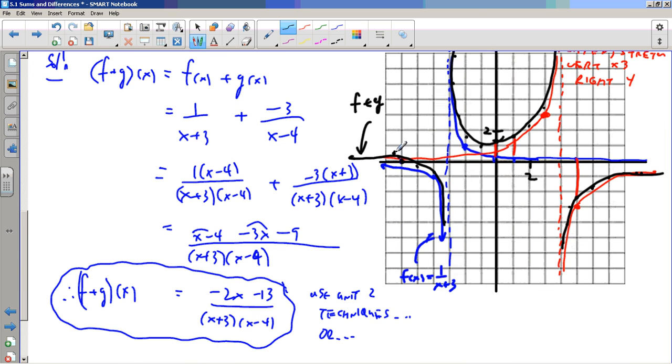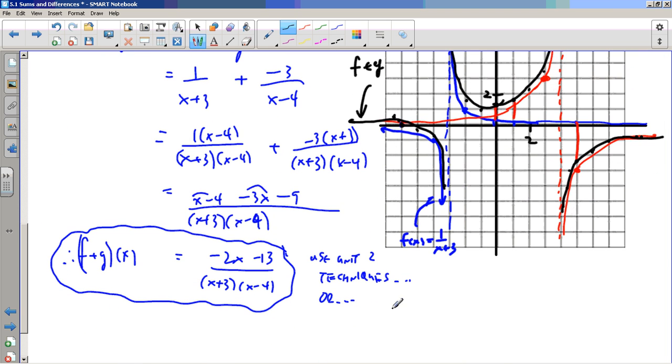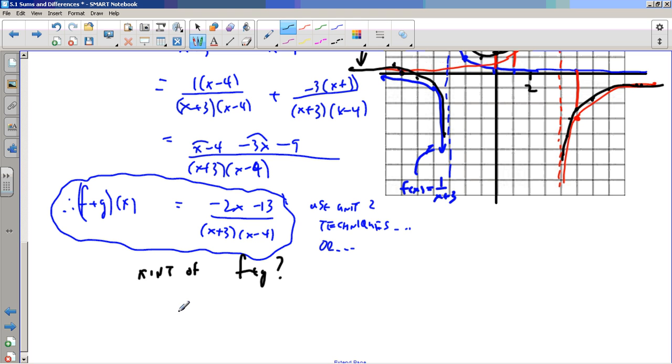By the way, this intercept, where is it going to be? Where's the x-intercept of f plus g? Well, we did this back in Unit 2, right? This is where the output of the function equals 0. And remember how we solved this? See, this is great review.